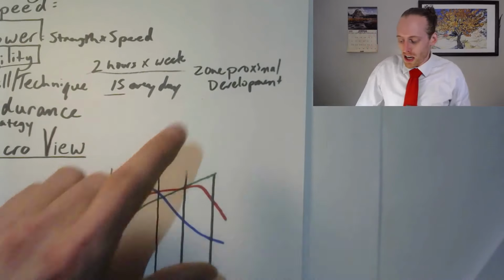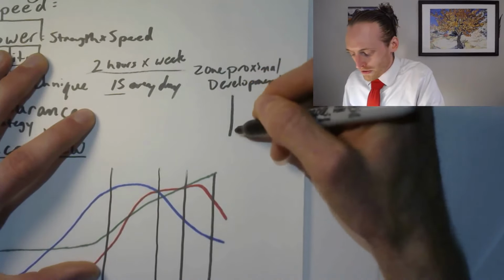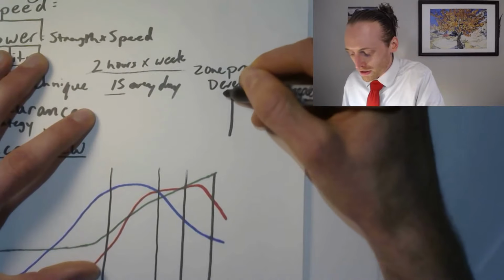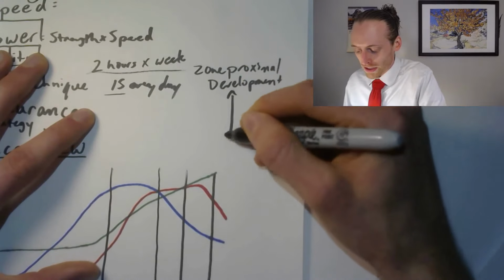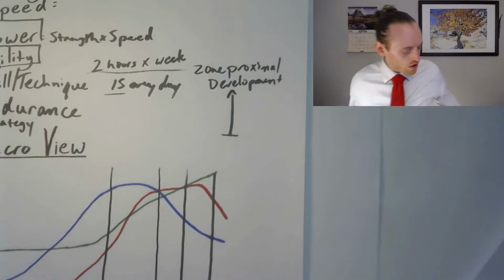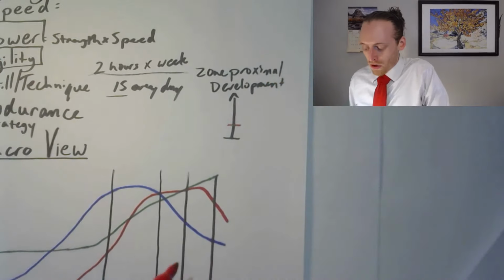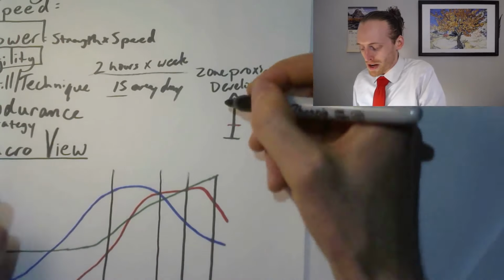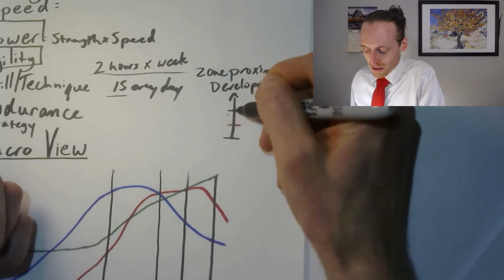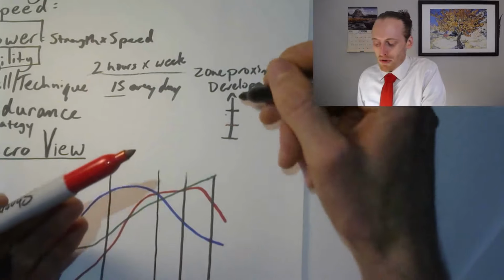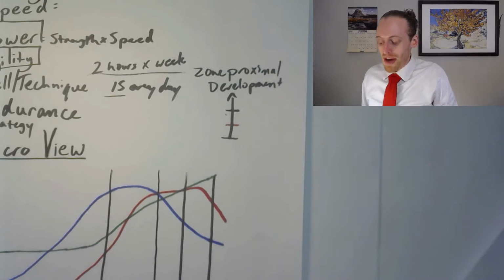What this means is that, let's say we have a chart here. This is skill, high skill, low skill down here. Let's say you are right here on your basketball skill level. Well, if you're trying to shoot three-pointers, that might be up here for skill. So you might be reaching too high, so you're not going to be maximally developing.